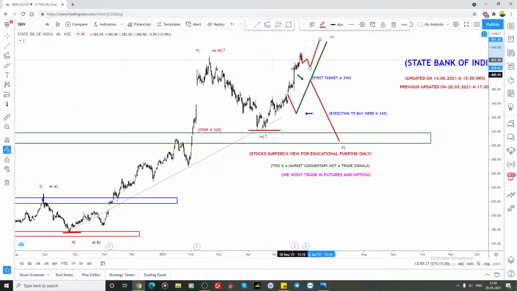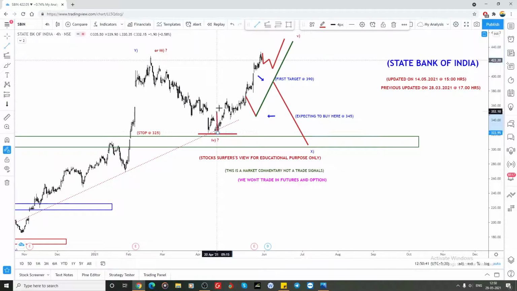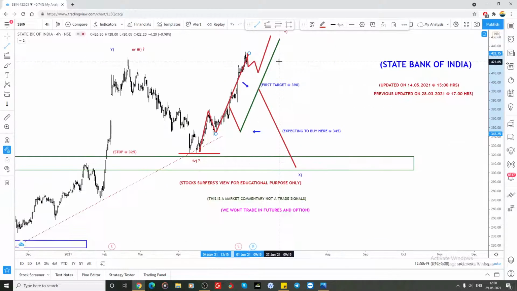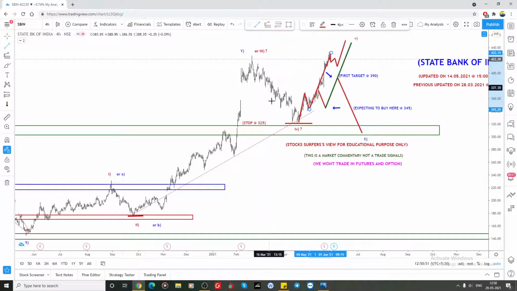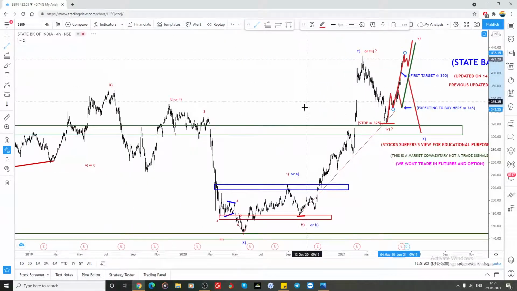So it keeps going on after the three-wave structure. So whether this is the A, this is the B, and this is the C, or it is going to make a five-wave structure, we can't say right here. So if it is the fourth wave, it ended here, and if it is the fifth wave, it has already made the new high also. So again the three-wave structure, one more, means it could be the end of the fifth wave also.